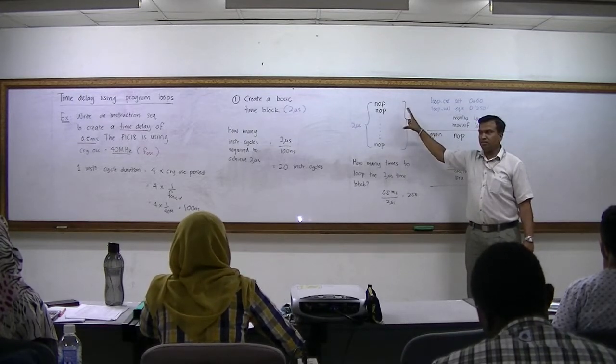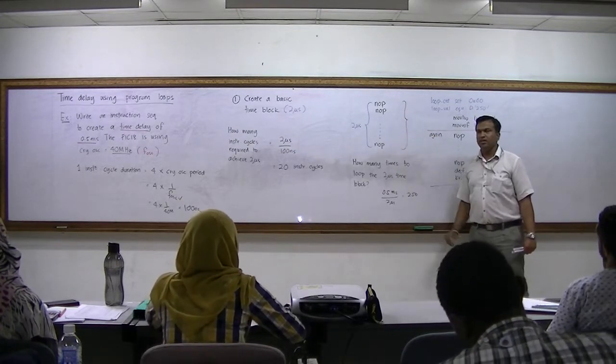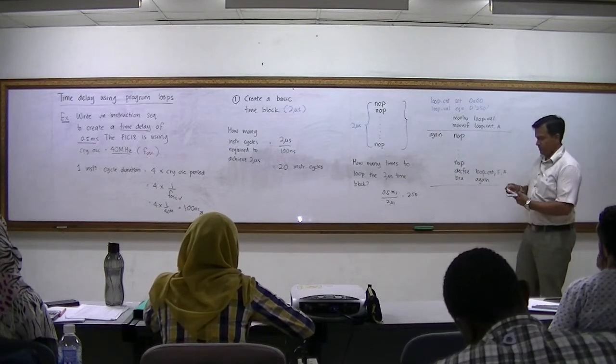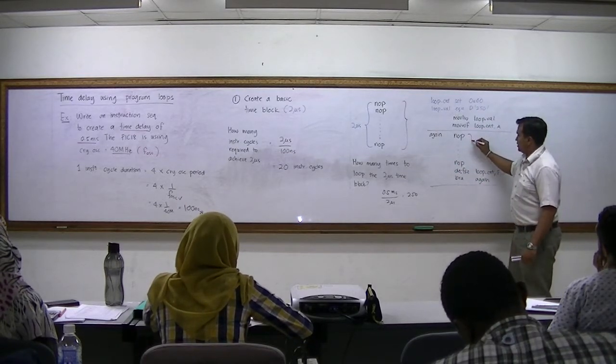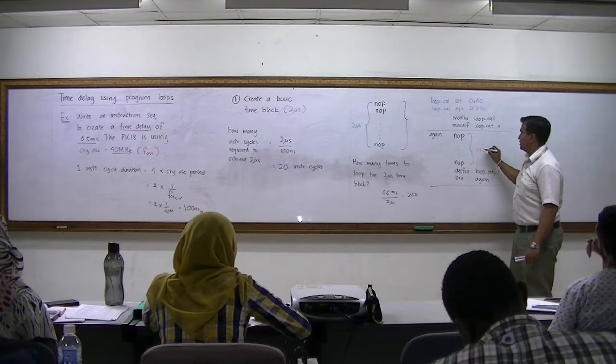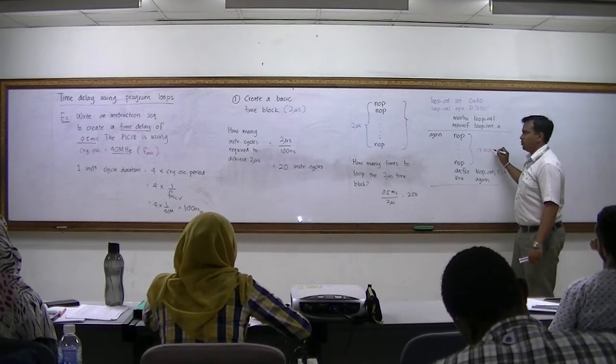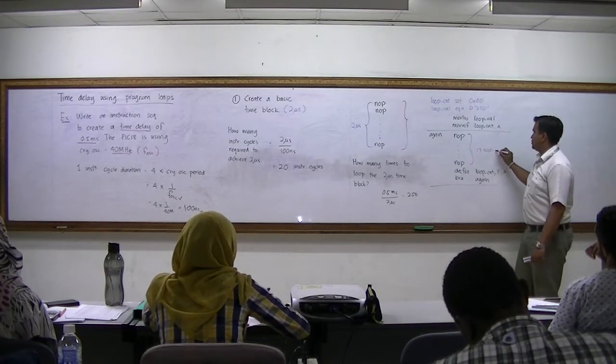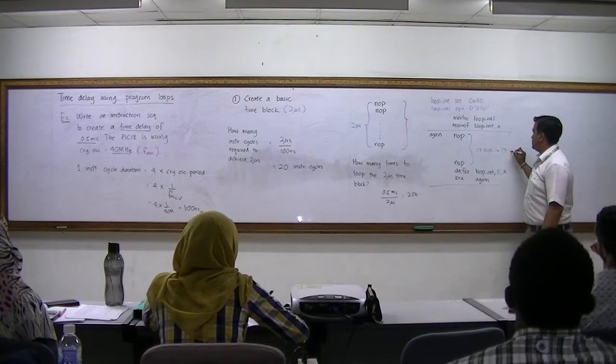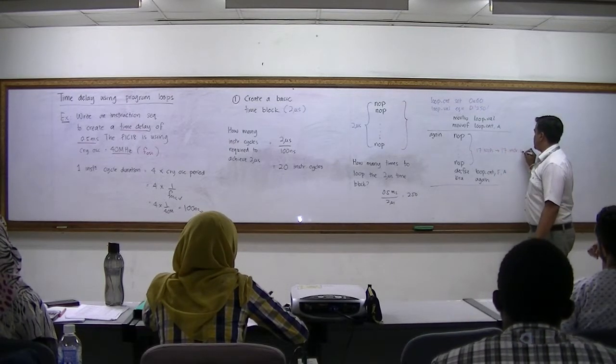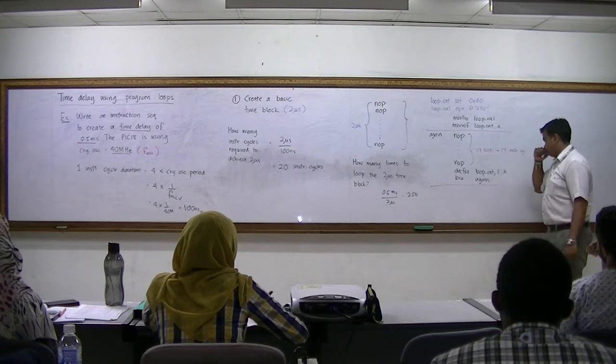20 instruction cycles give you the 2 microsecond delay. So we made some modification. From here to here is 17 NOPs, which gives you 17 instruction cycles.